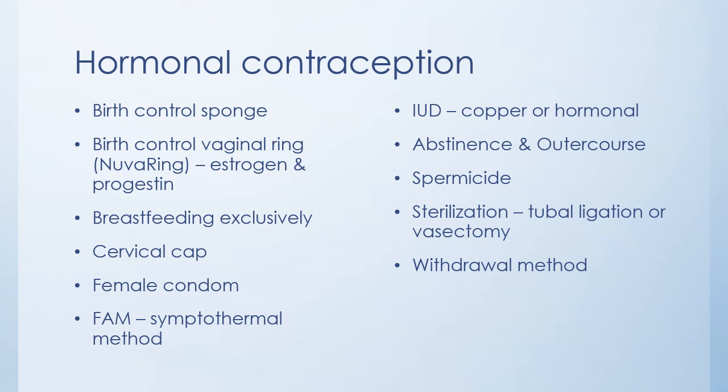And then FAM stands for family planning. The exact words are fertility awareness method. This is called family planning, using the symptothermal method, for example, like charting your temperature. So this is the family planning method.